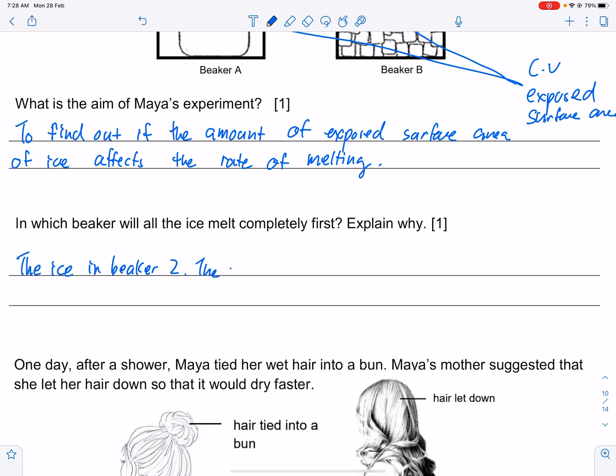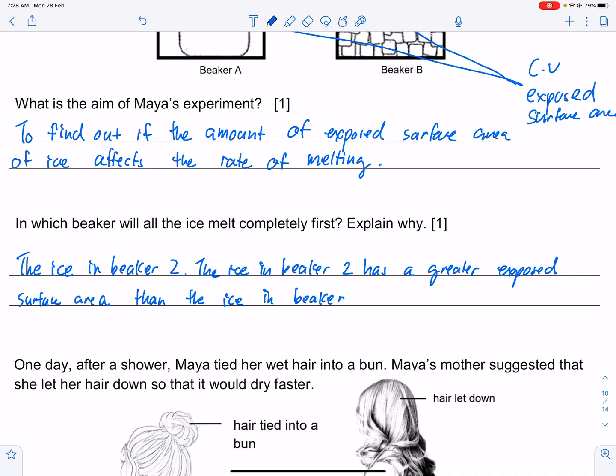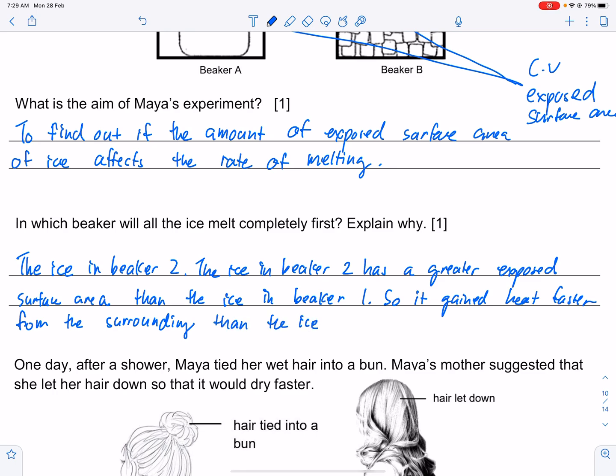The ice in beaker B has a greater exposed surface area than the ice in beaker A. So it gained heat faster from the surrounding than the ice in beaker A.